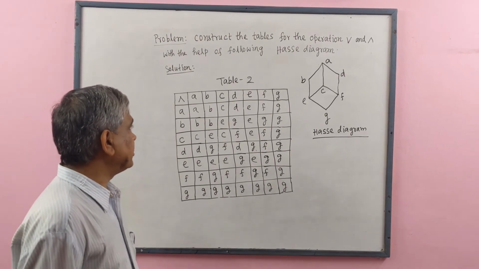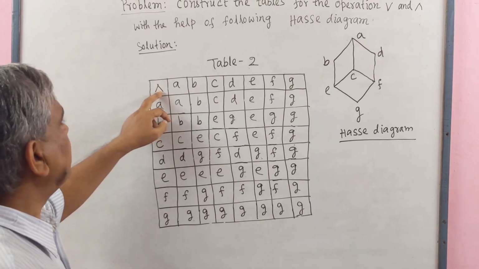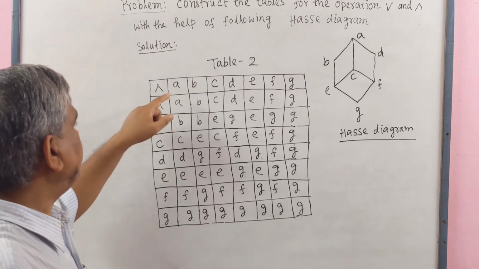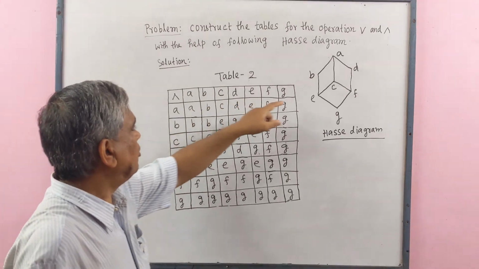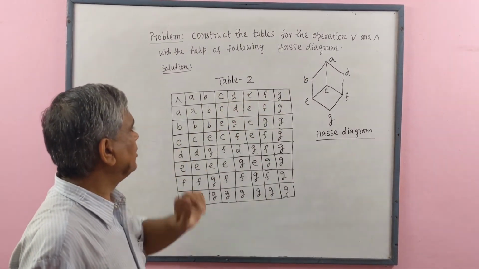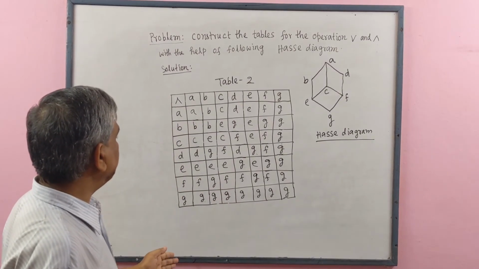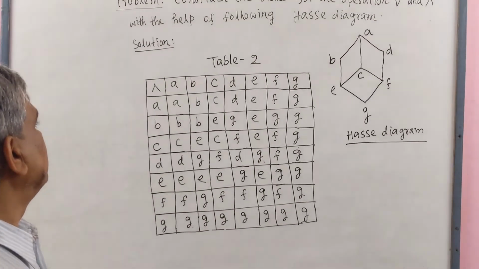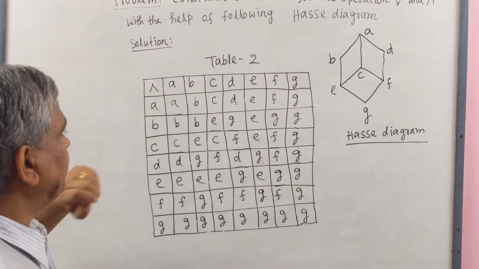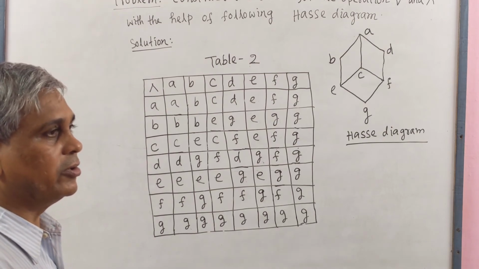Now we construct table 2 for meet or infimum. Similar to table 1, in the first row we write all elements of the Hasse diagram A, B, C, D, E, F, G, and in the first column also we write all elements A, B, C, D, E, F, G. Now we operate to find the infimum. Infimum is the greatest lower bound.